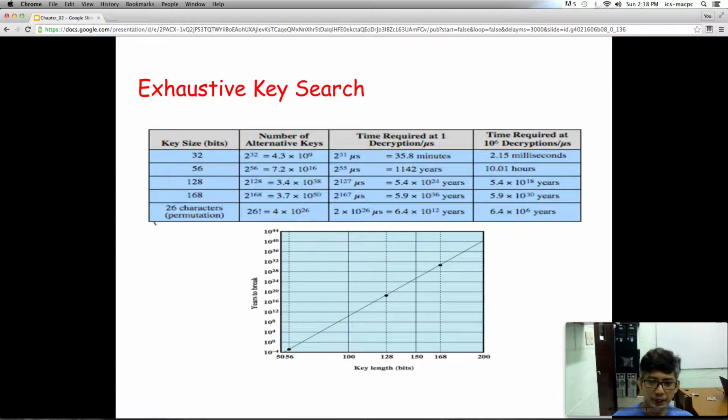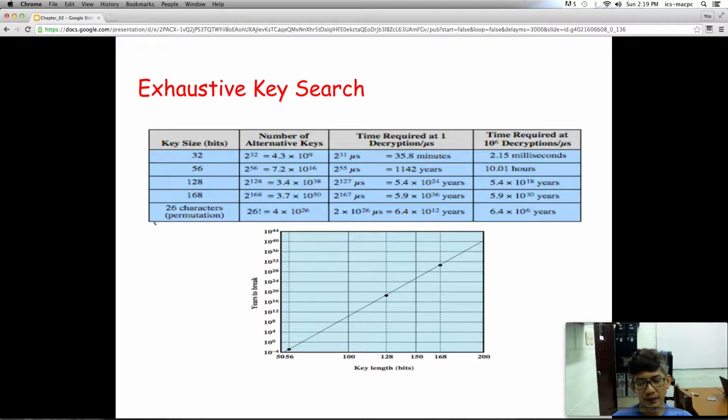Now this figure shows the time it will take to perform a brute force attack by performing an exhaustive key search. You have a key, and the key is usually of a certain length in bits, and in order to try all these keys you have to go over all the possible keys.